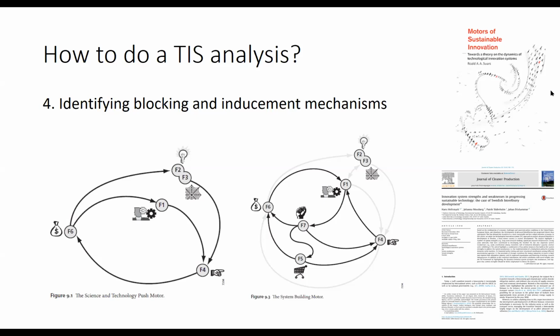They depict two different motors, the science and technology push motor and the system building motor, which start from resource mobilization and entrepreneurial activity respectively, but then influence a wider set of functions. This point has also been made in a slightly different form by Hans Hellsmark and colleagues, who suggest that supporting innovation system strength can also be used to address weaknesses.